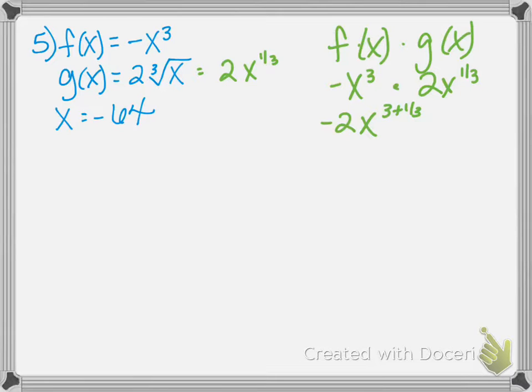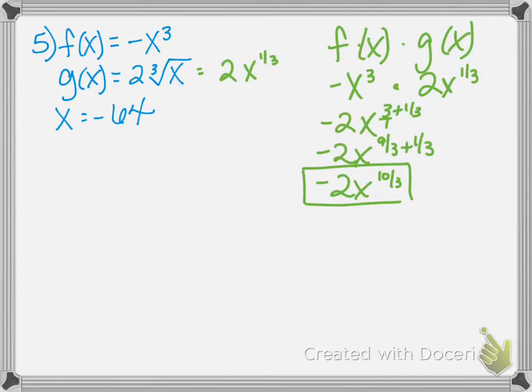And when you do that, remember you can figure out what that is equal to, at least in fraction form, by pressing math and then number 1, it changes it into a fraction. Or you can do it the long way, 3/1, negative 2x, and it'll be 9/3 plus 1/3, and then you can finally combine them to get 10/3. Doesn't really matter which method you choose, and so this becomes our final combined function.